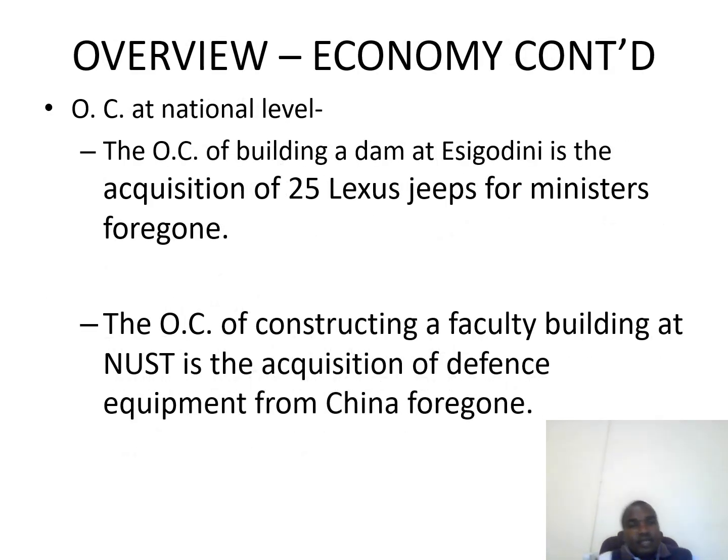And then at the national level, the opportunity cost of building a dam at Escotine may be the acquisition of 25 Lexus Jeeps for ministers foregone. The opportunity cost of constructing a faculty building at NAST is the acquisition of defense equipment from China foregone.